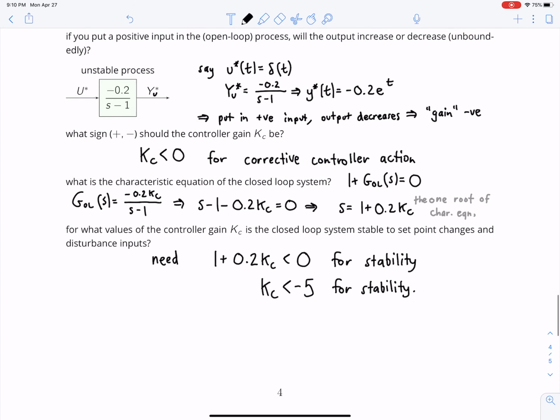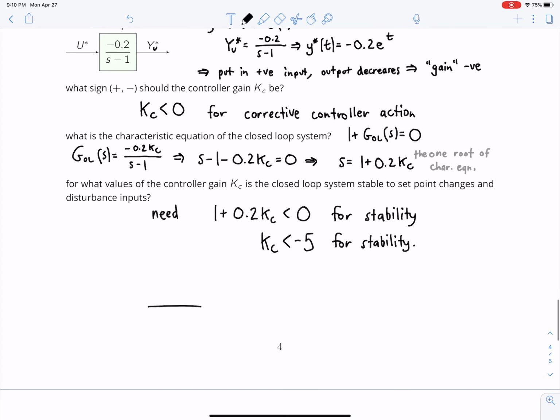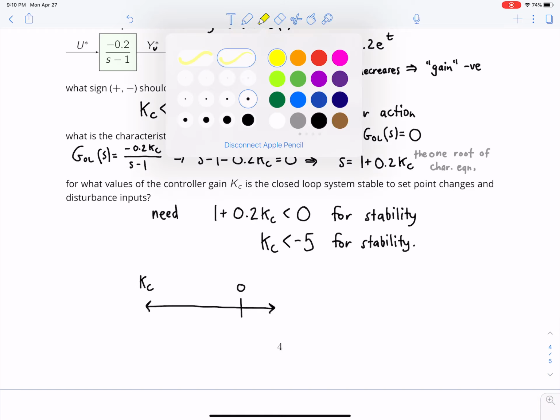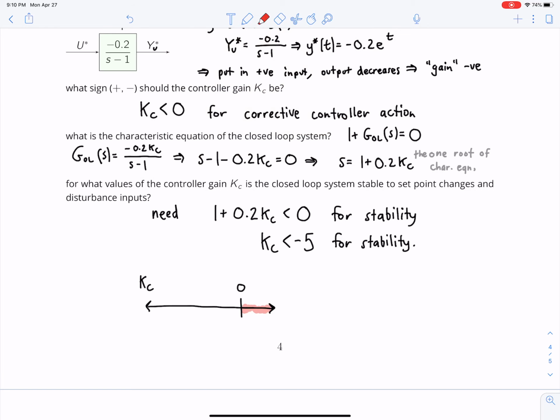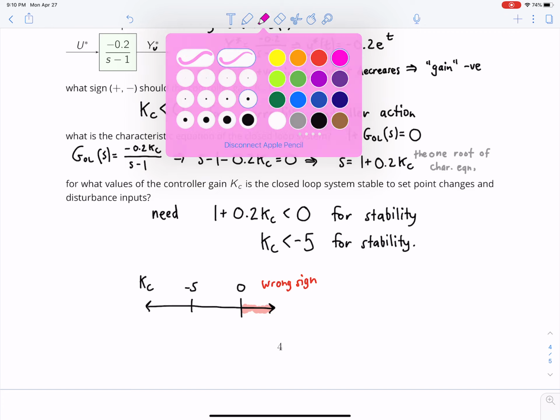So what's interesting is, here's Kc. This here is the wrong sign. But what this is saying, here's minus 5, is that this will be unstable right here.